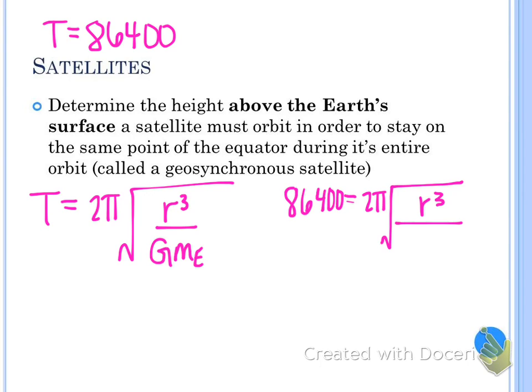R cubed over G times the mass of the Earth. Make sure that when you move over that 2 pi, you either divide by 2, divide by pi, or you divide by parentheses 2 pi. Otherwise, you're going to start out your equation all wrong. Okay? So you're going to divide by 2 pi first.